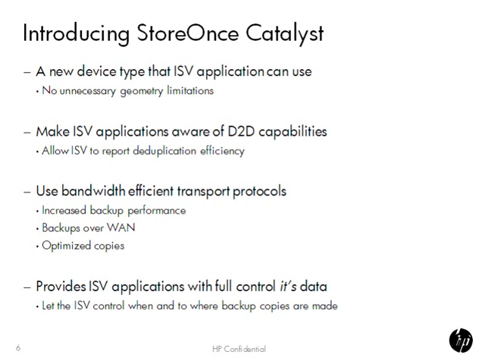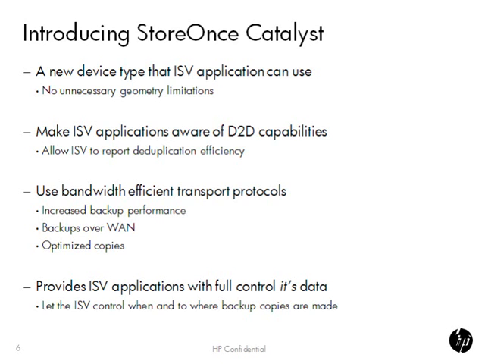And it allows us to do things like optimize copies, no longer having replication be a sideband mirroring of one store into another store. We now expose all of our stores to the backup applications, and that allows the backup application to specify which backups get copied and when. So all in all, the thing to take away from this is that we're providing the ISV applications with full control of their data.